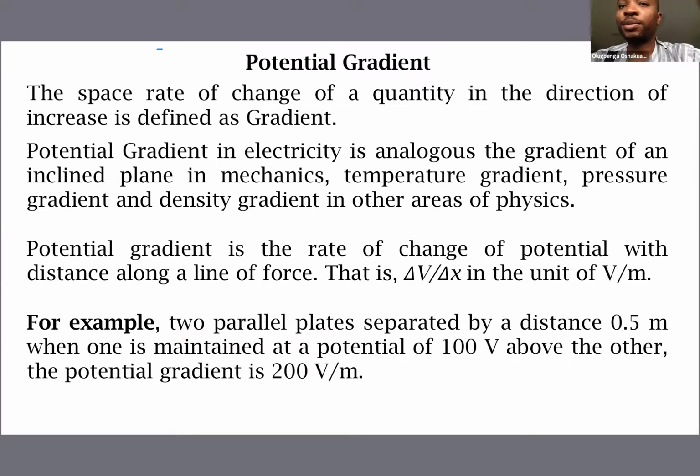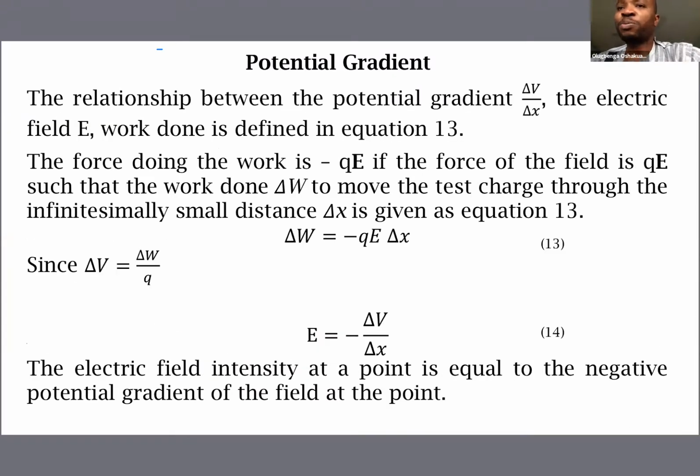Let's move forward. The relationship between the potential gradient, electric field and work done is given in equation 13. So this is equation 13, which connects the electric field, the work done, and the potential gradient.